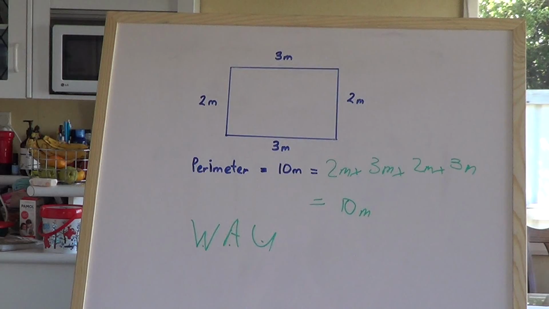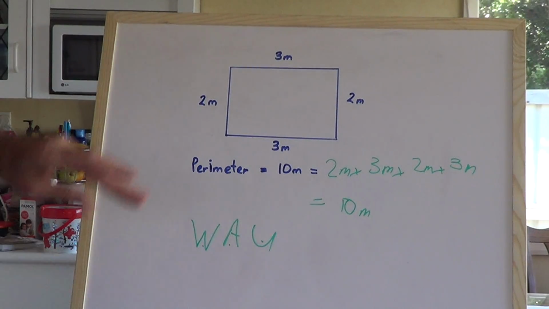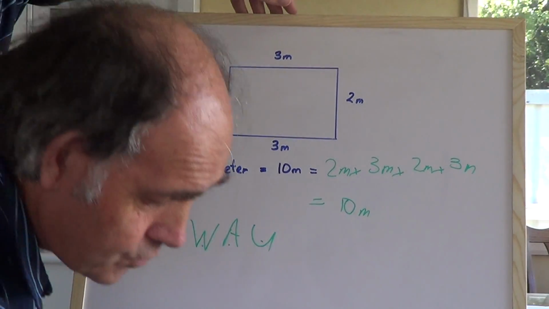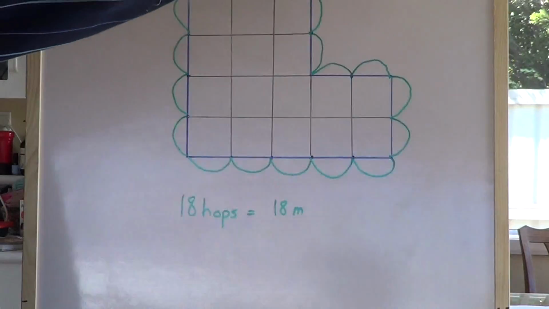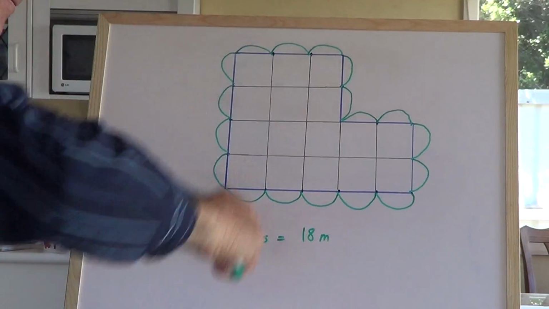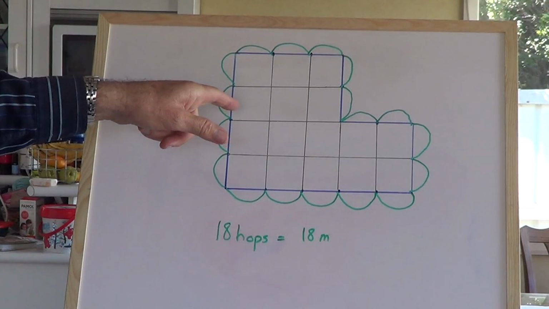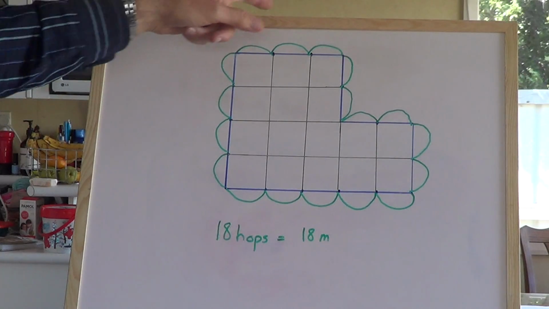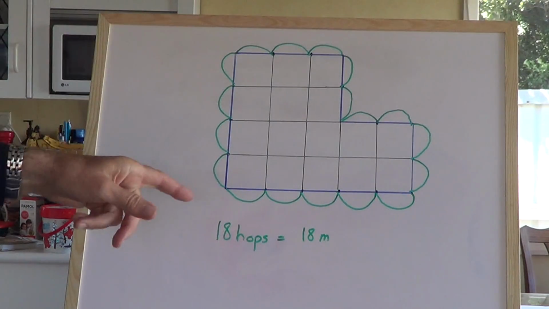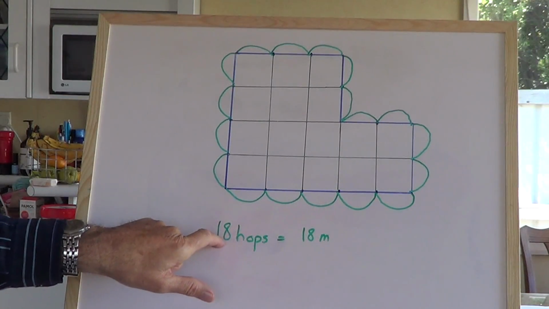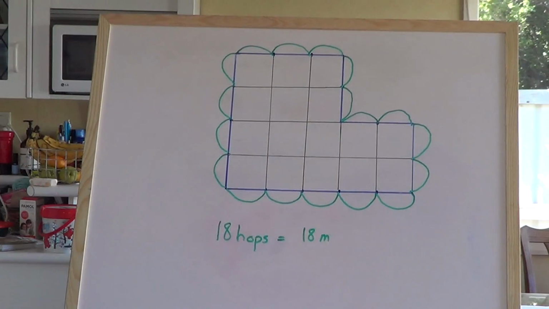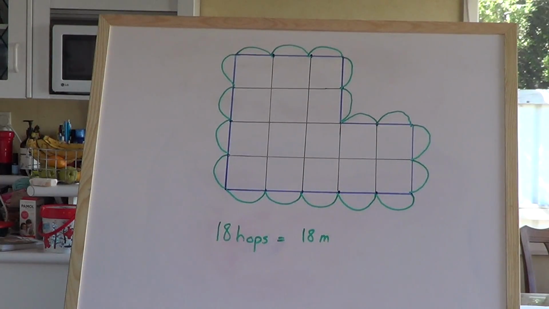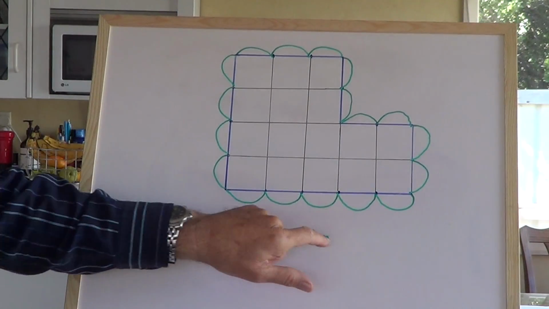And I tell them not to forget wow. If we go back to the Everyday Genius question, that's the working out. Right? I've demonstrated the working out. There's the working, there's the answer there, and there's the units. Right? Wow. Working, answer, units.